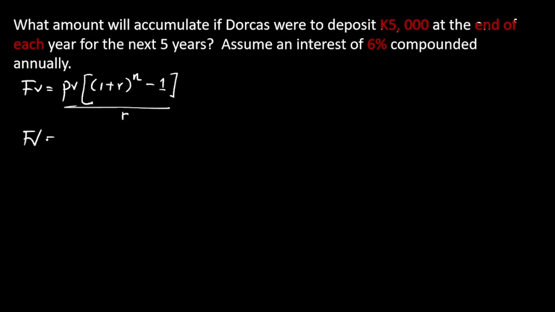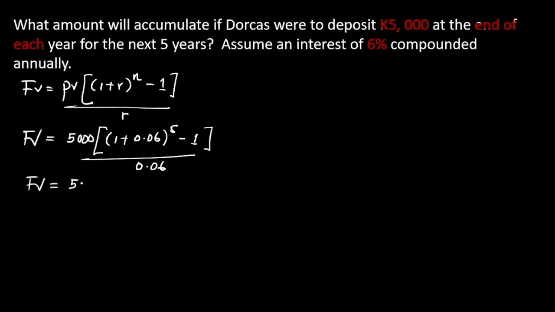So our future value will be equal to 5,000, then 1 plus 0.06 to the power 5, since it's 5 years, divided by 0.06.